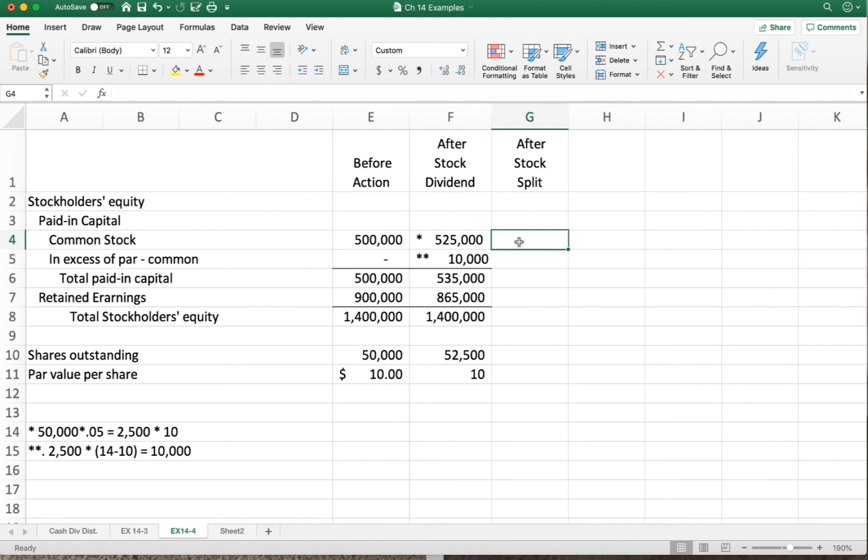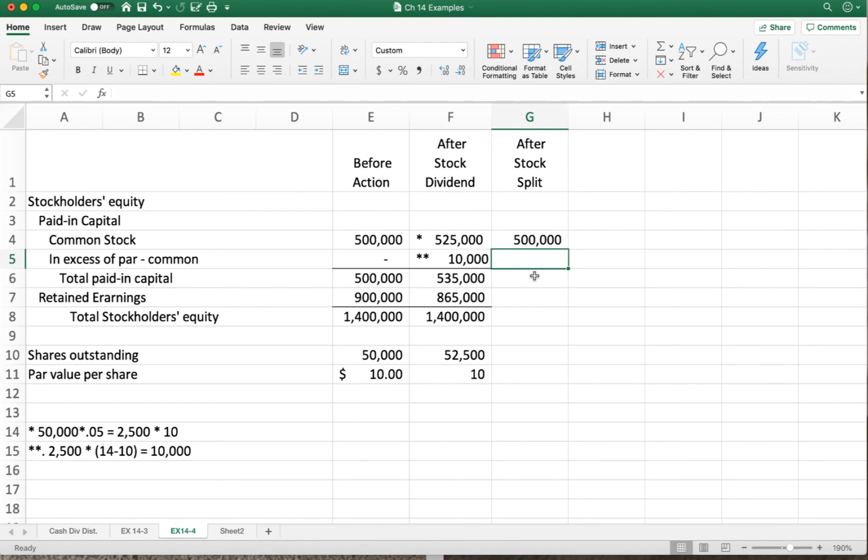Okay? So after the stock split, what happened? Well, we had $500,000 worth of common stock. That did not change, right? So I still have $500,000. Any paid-in capital? Well, no, I just doubled whatever people had outstanding.